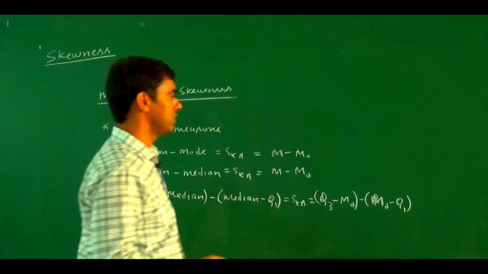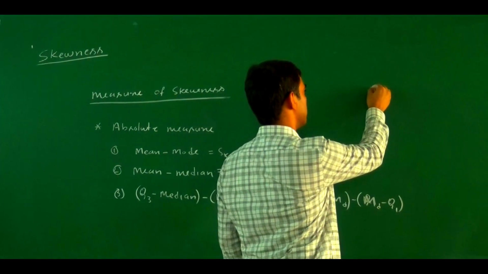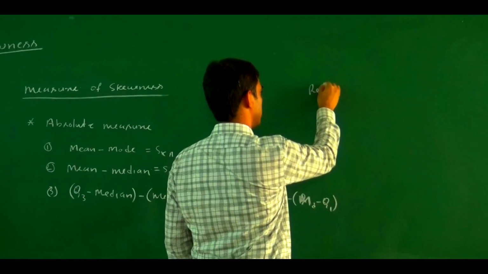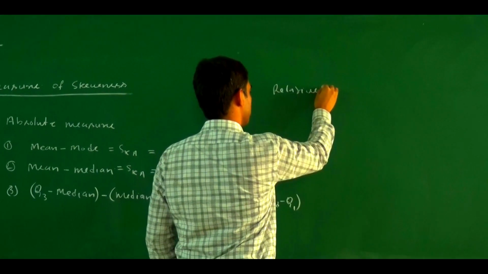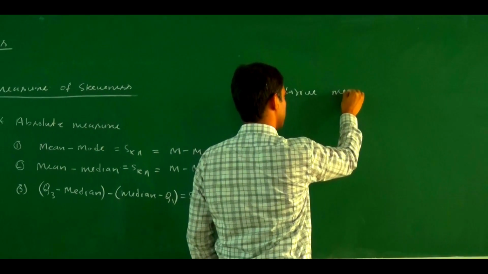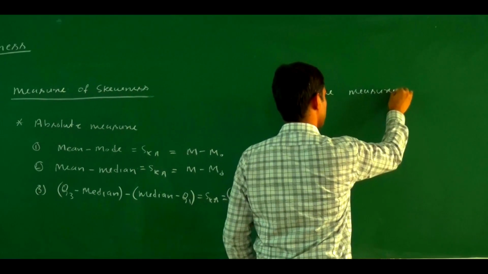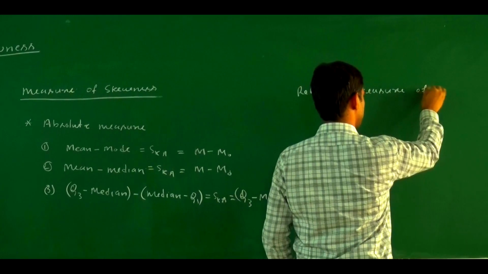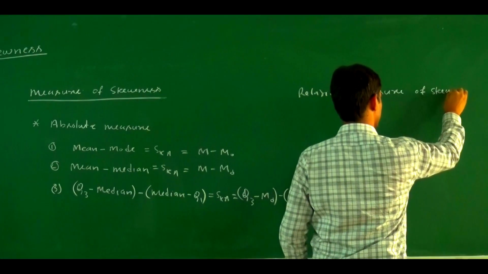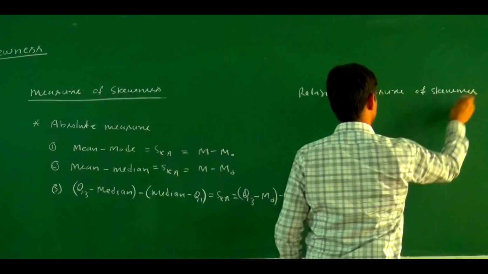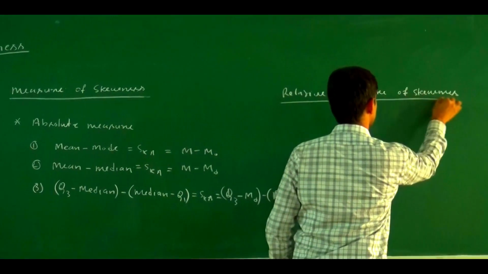So the next one is the relative measure of skewness.